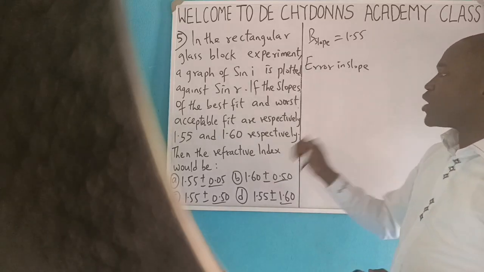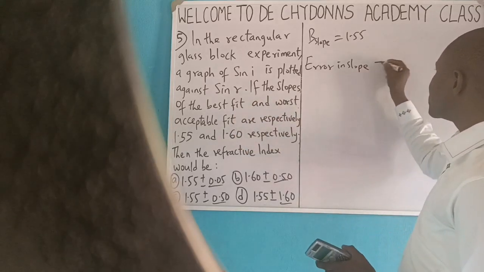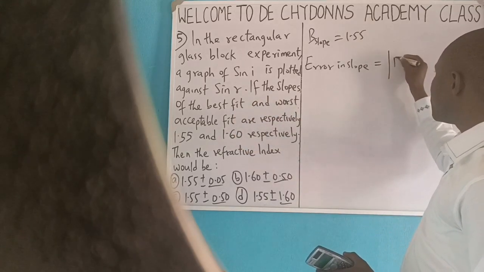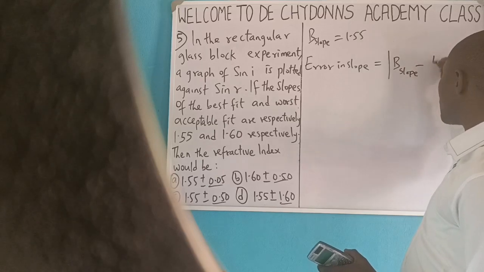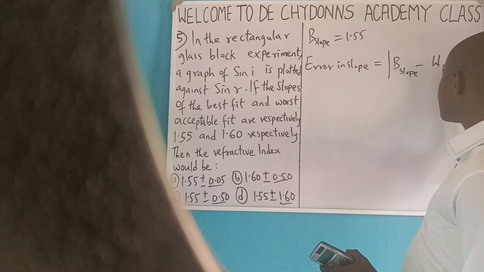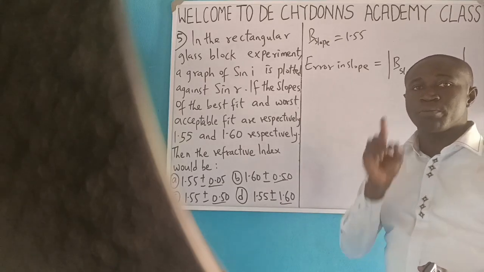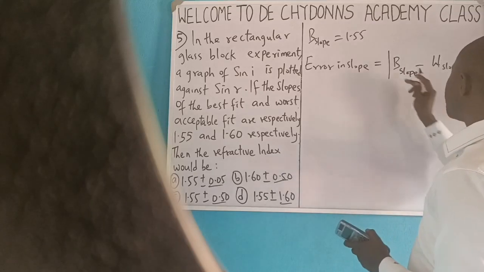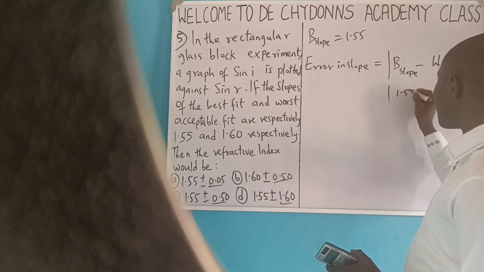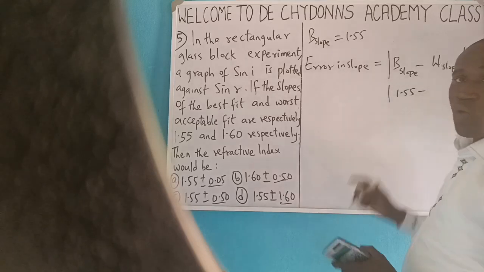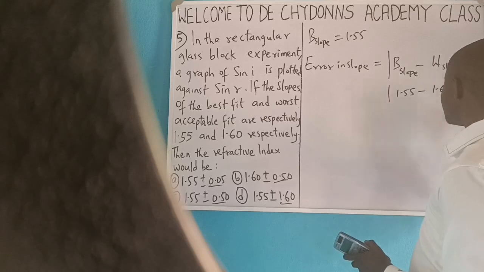Error in slope, when you are given the best fit slope and worst fit slope, is equal to modulus of best fit slope minus worst fit slope. Modulus of it means that the answer should be positive. What is our best fit slope? 1.55 minus, what is our worst fit slope? 1.60.